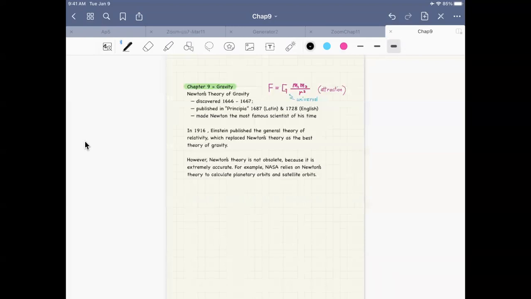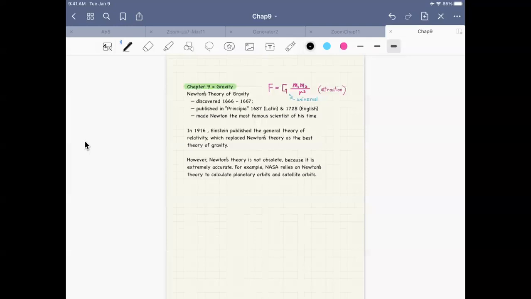But we tend to think of Earth's gravity as very strong, and that's because we're experiencing the gravity of the whole Earth. Gravity between laboratory-sized objects is actually quite small. In fact, it was very difficult to measure Newton's gravitational constant.